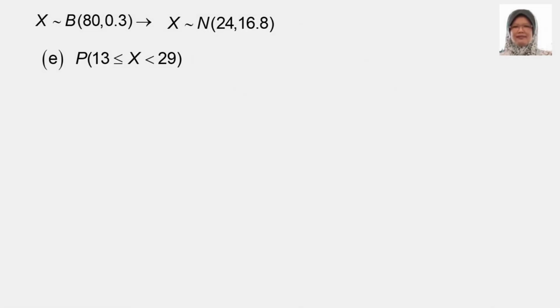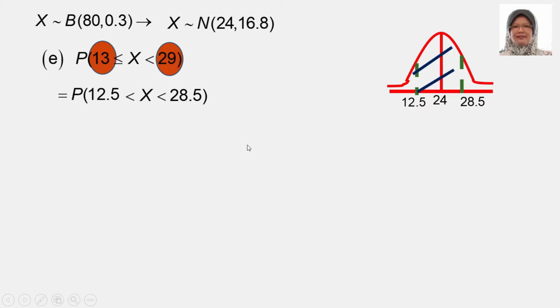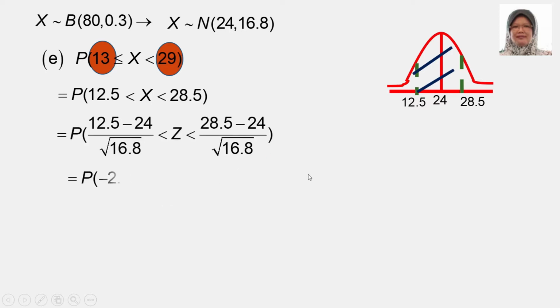Okay, F, P(X greater than or equal to 13 and less than or equal to 29). 13 must be in our answer, so we take 12.5, and 29 must be in our answer, so we take X less than 29.5. Okay, so we change to Z. We get Z greater than or equal to negative 2.81 and less than 1.1.